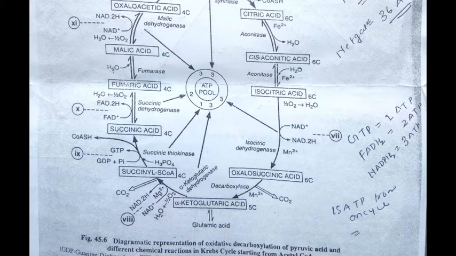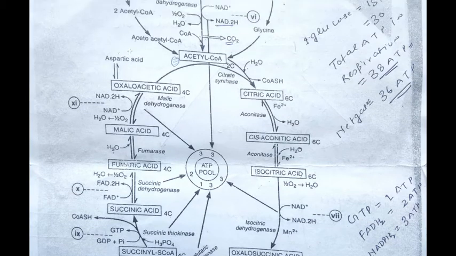Succinic acid is converted into fumaric acid by using the enzyme succinic dehydrogenase, and here one FADH2 is produced. Again, fumaric acid is converted into malic acid. Now malic acid is converted into oxaloacetic acid by using the enzyme malic dehydrogenase, and here one NAD plus is converted into NADH2.